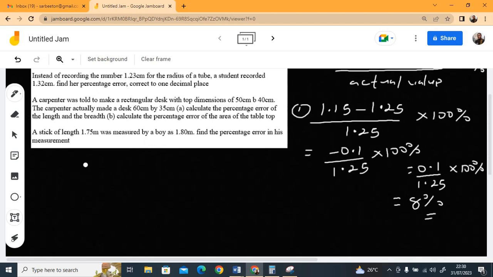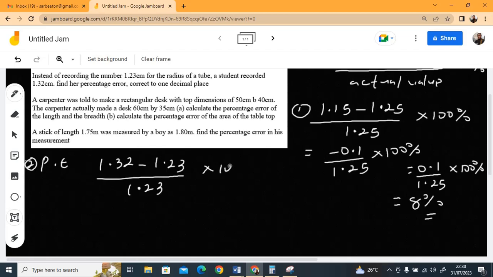So the error he made is that he recorded this. So percentage error is 1.32 minus the actual value, 1.23, over the actual value, 1.23, times 100%.